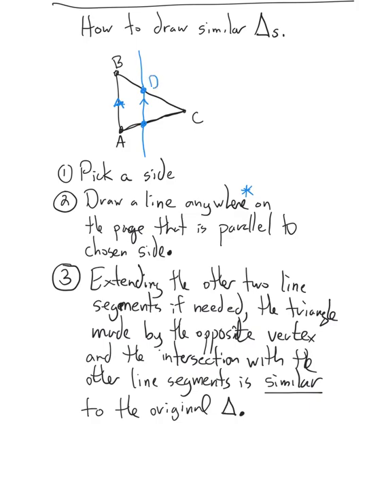Let's call them D and E. So here, we kind of have our big triangle, which is triangle A, B, C. Well, I'm going to show you that that's going to be similar to triangle, well, rather than A, B, C, the new vertices are going to be E, D, C. So there's a little triangle that I'm going to make in red that is similar to the black triangle.